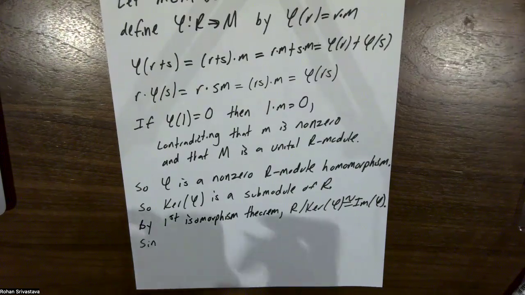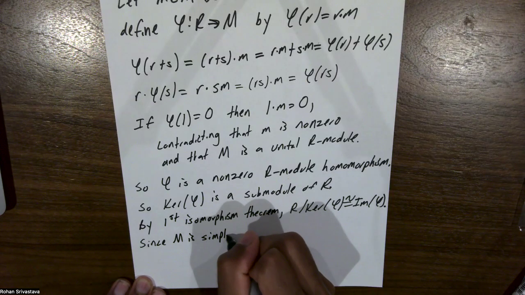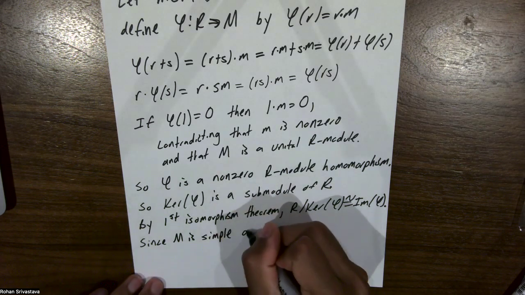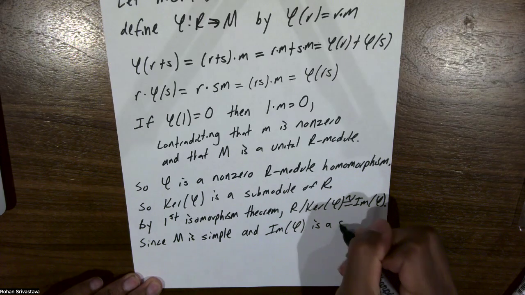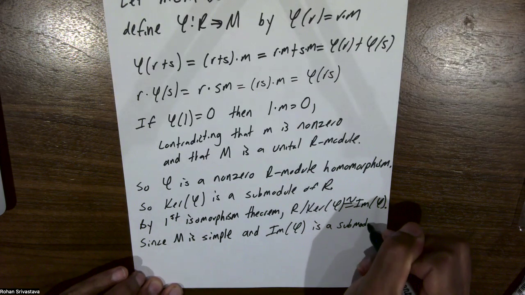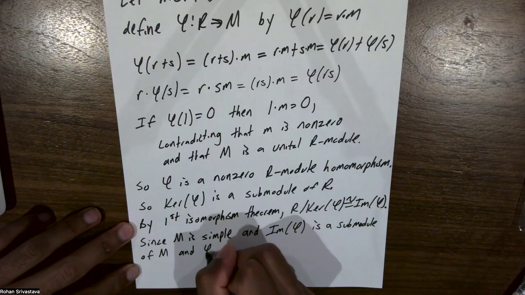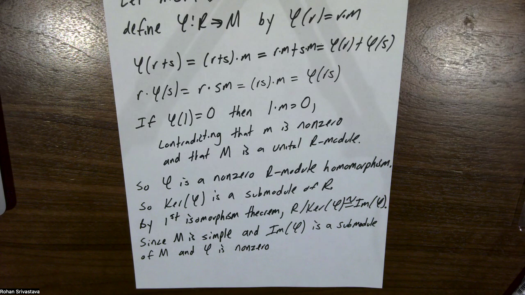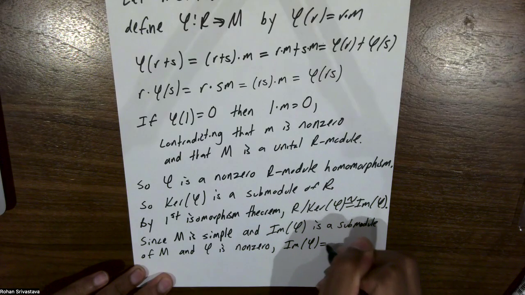Since M is a simple module, meaning its only submodules are 0 and itself, and the image of phi is a submodule of M, and phi is non-zero, the image of phi cannot be the 0 submodule, so it has to be the other possibility, which is M itself. So we have the image of phi is equal to M.